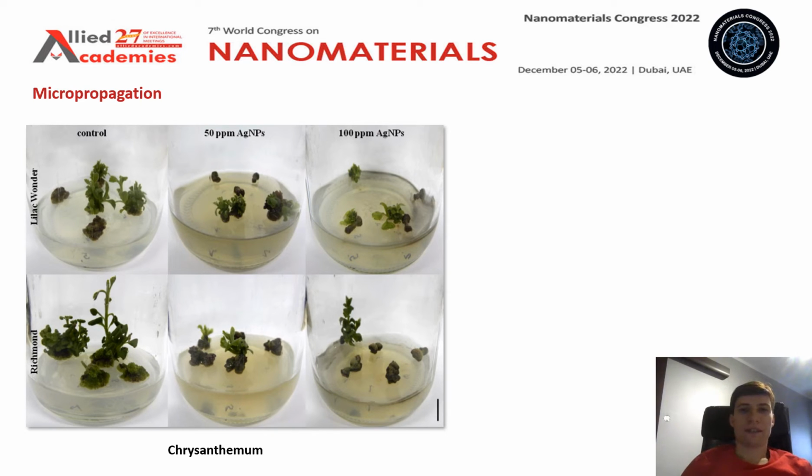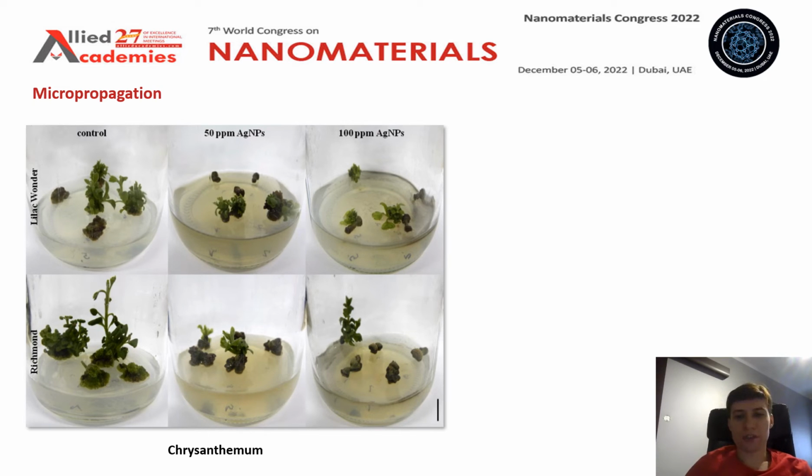So, in the first part of our experiments, we have verified the utility of different types of nanoparticles in micropropagation. Micropropagation is a large scale method of plant production. As I said, it is performed in vitro by putting pieces of plants, the so-called explants, on the synthetic media.